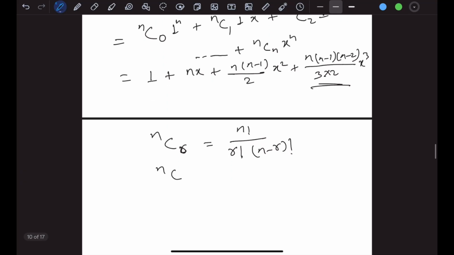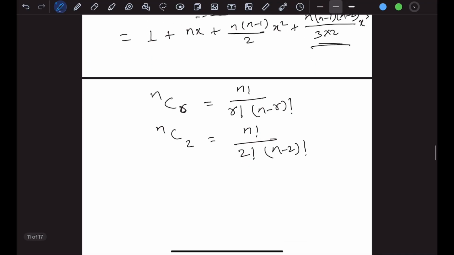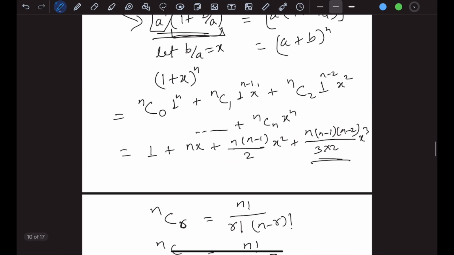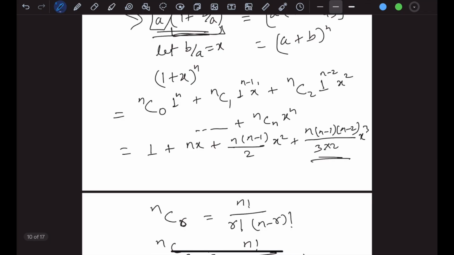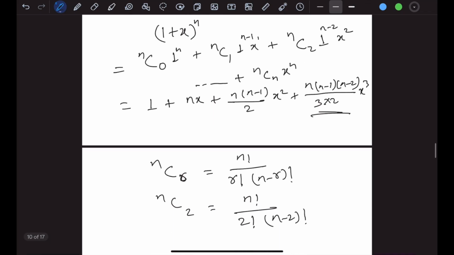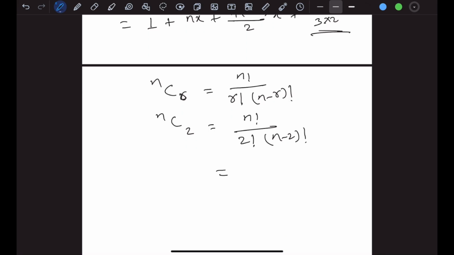So nC2 is n factorial divided by 2 factorial into n minus 2 factorial, which is n into n minus 1 into n minus 2 factorial divided by 2 into 1 into n minus 2 factorial.